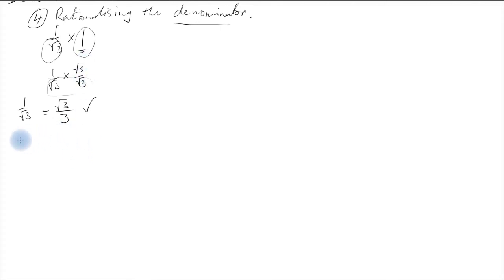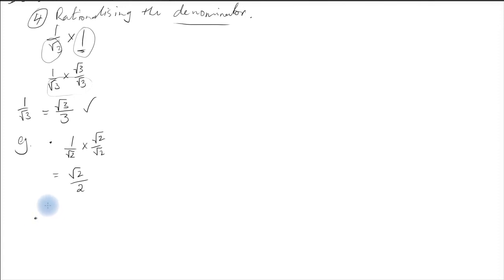So let's do some more examples, which will make this a little bit more clear. So suppose we have 1 on root 2. Well, what we do, we multiply it by 1, but we're writing 1 as root 2 on root 2. So at the top we get root 2, and the bottom, root 2 times root 2 is 2. And let's just do one more example.